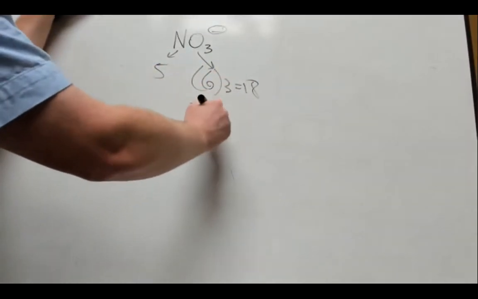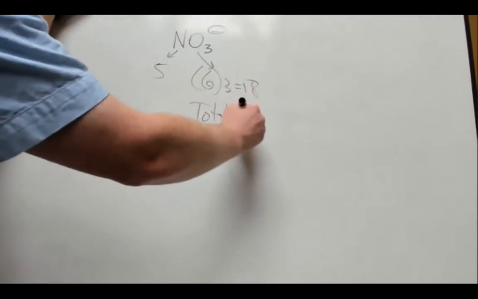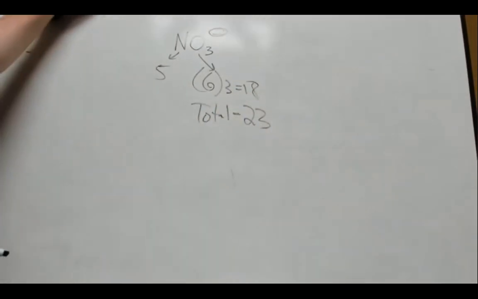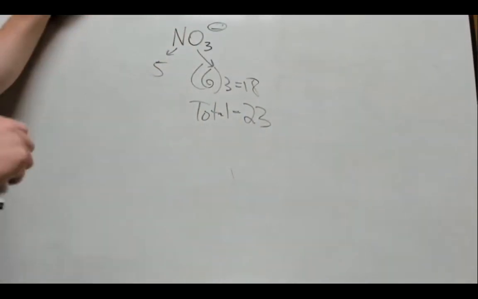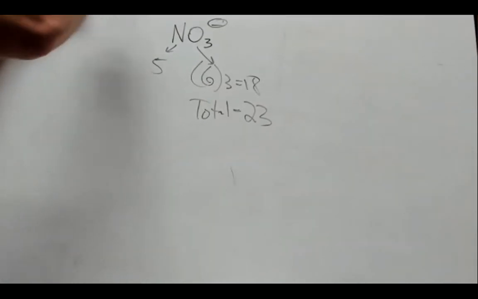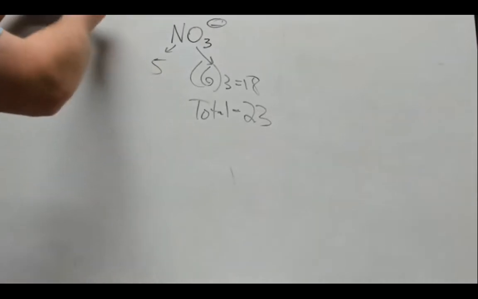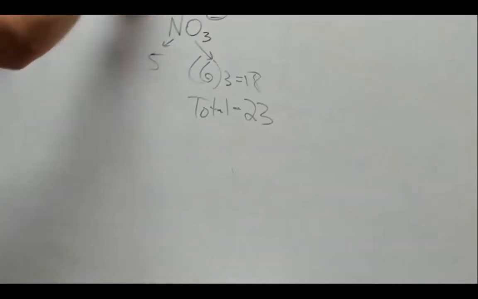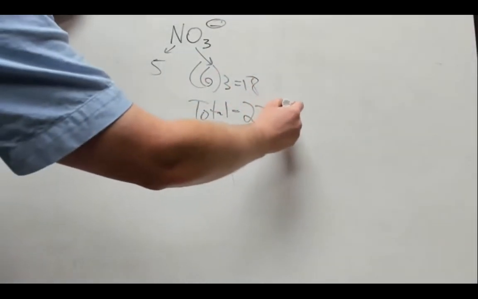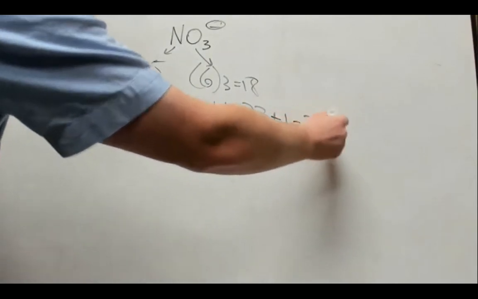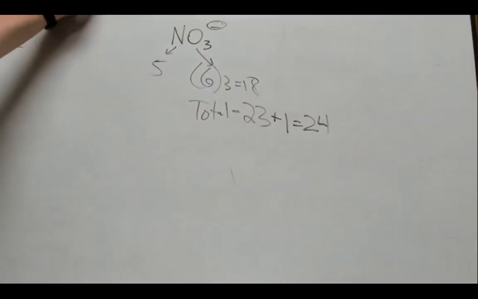So the total valence electrons are 23 for just NO3. But it's a -1, so we need to add another electron. We now have 24 total electrons.